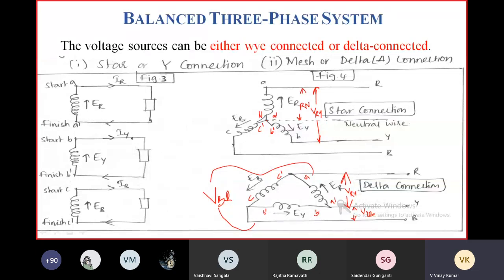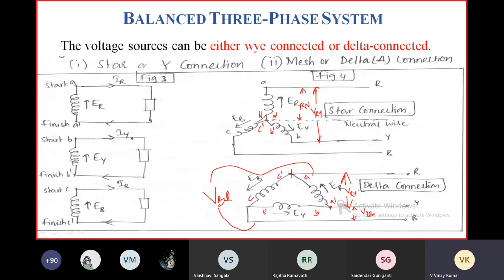The voltage between these two lines is line voltage, but the phase voltage is equal to line voltage, because the phase voltage is nothing but the voltage between this point and this point, the voltage across this phase. Both are equal in delta connection, whereas in star connection, these two are different.